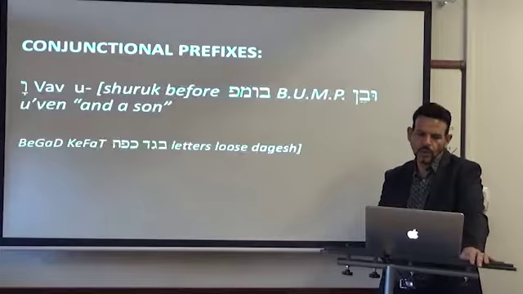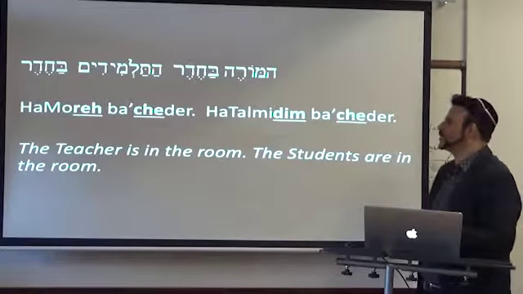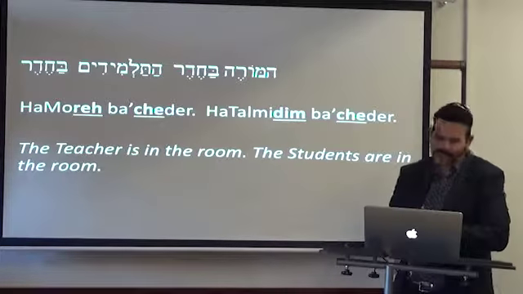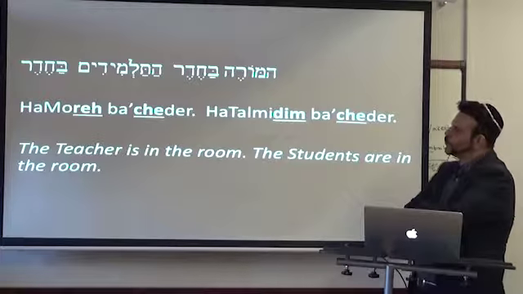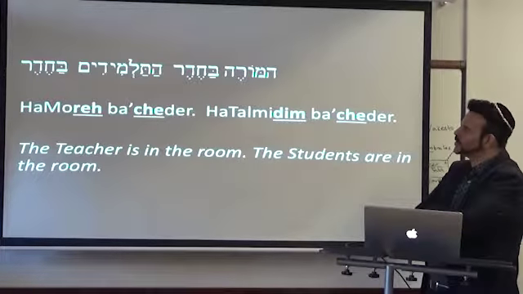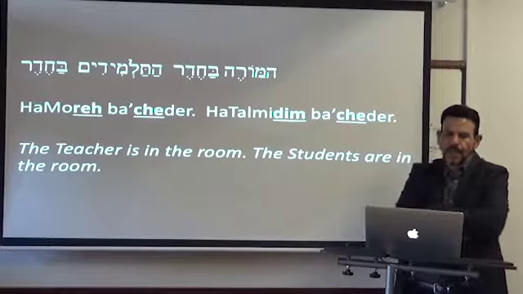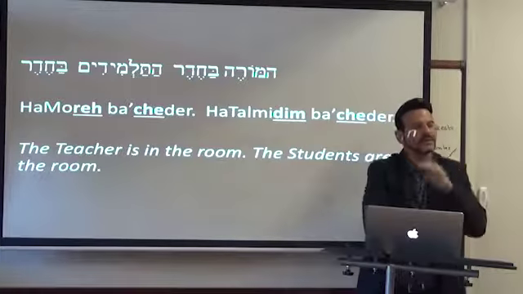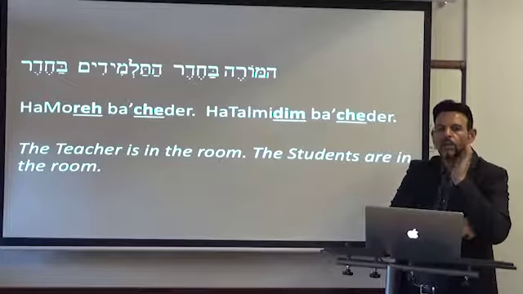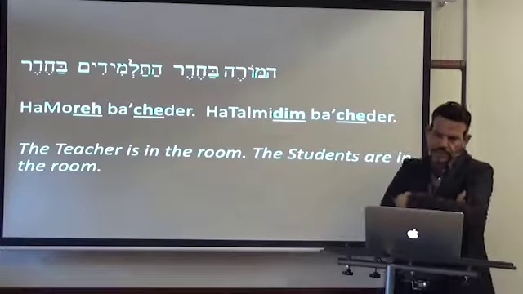So, we have ways that we can communicate, like right now we're in a classroom, and if I wanted to say, the teacher is in the room, the teacher would also have a prefix. Ha-more is the teacher. So more is what? Teacher. Ha-more is the teacher.